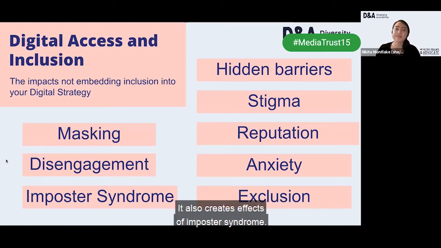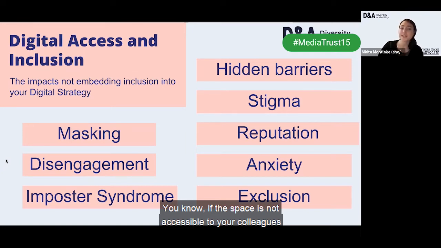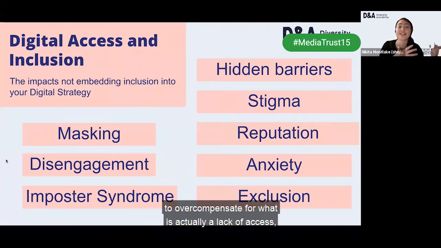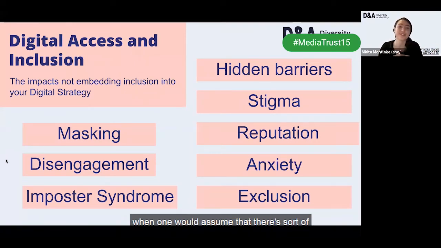It also creates effects of imposter syndrome. This can happen within your workforces. If the space is not accessible to your colleagues or employees, people tend to try and find ways to overcompensate for what is actually a lack of access, when one would assume it's more a lack of capability to do the job effectively.